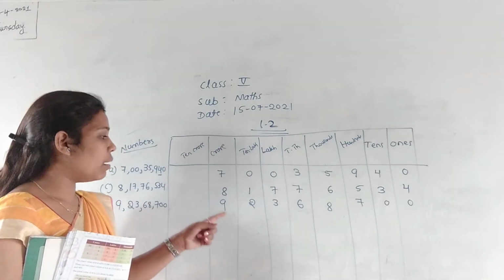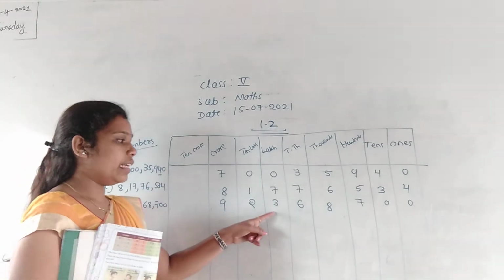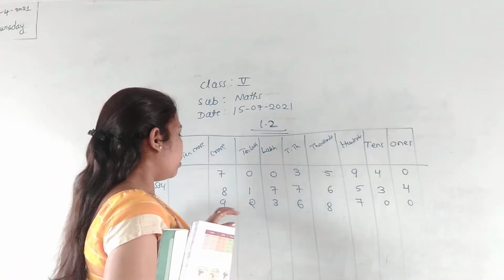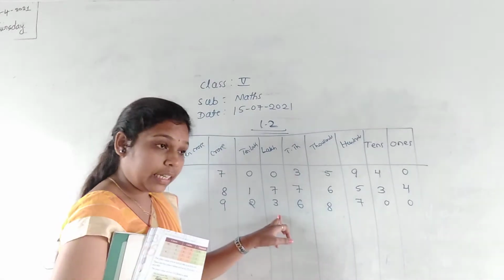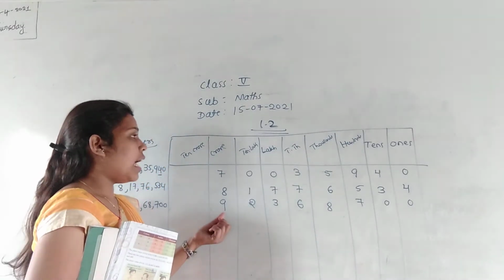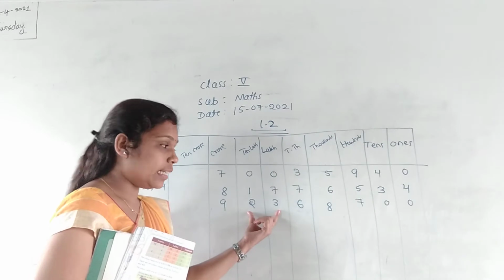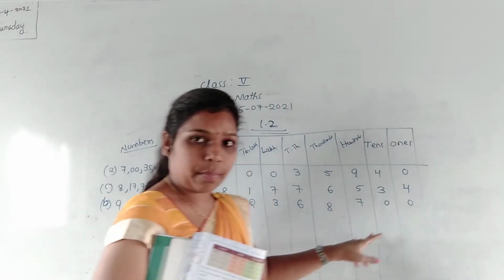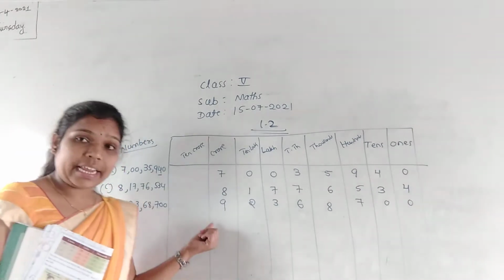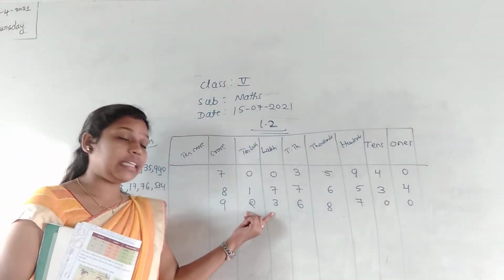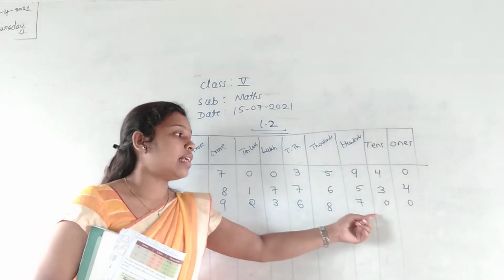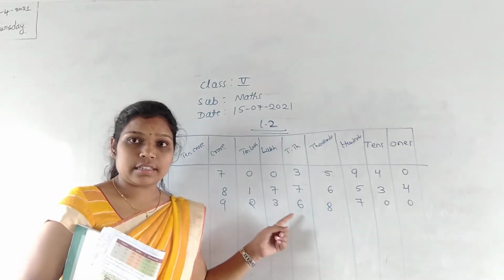How to read this number? 9,23 lakh 68,700 is the number. Understanding? 9,23 lakh 68,700. That is the number.